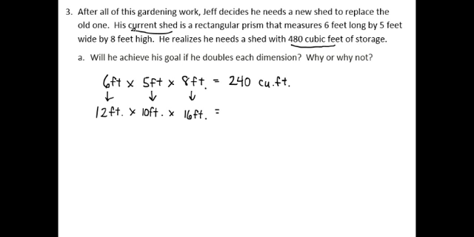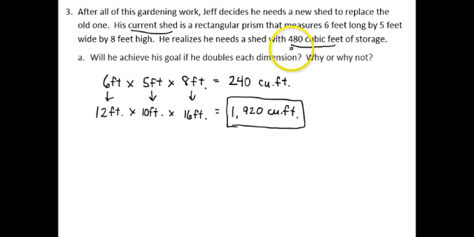If I multiply 12 times 10, I get 120. 120 times 16 is actually 1,920 cubic feet. So if he doubles each dimension of the shed, he gets a shed that is this big. So no, he can't just double the dimensions to get a shed that is 480 cubic feet of storage.